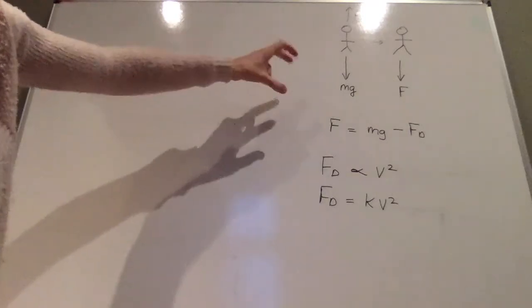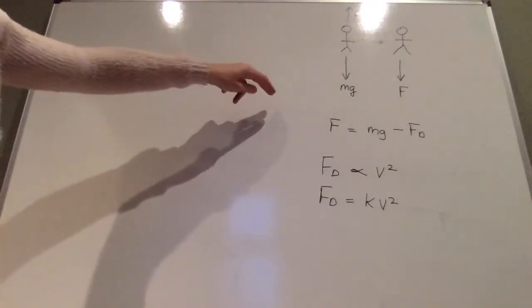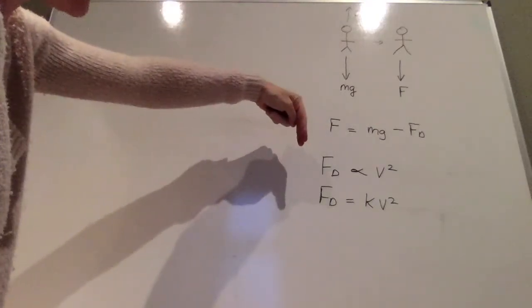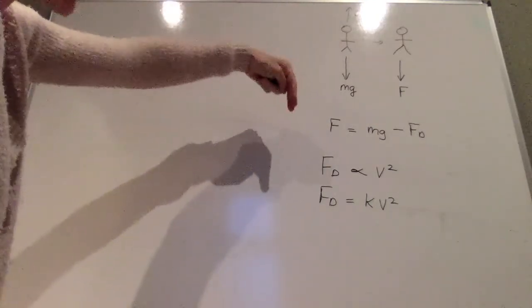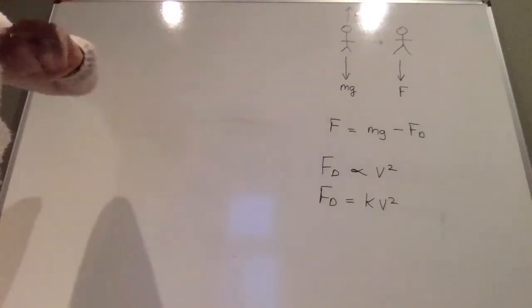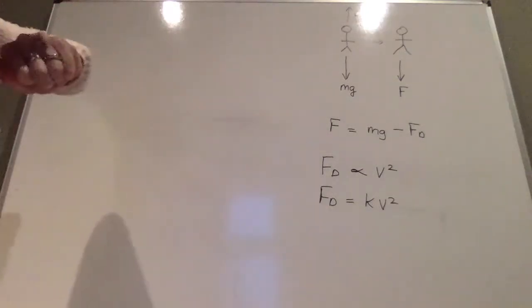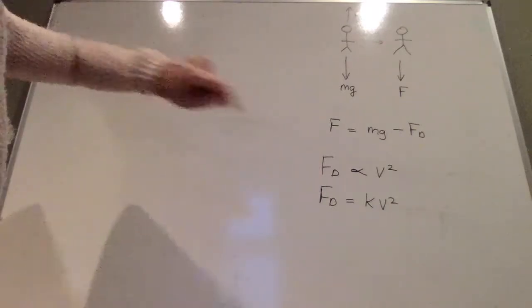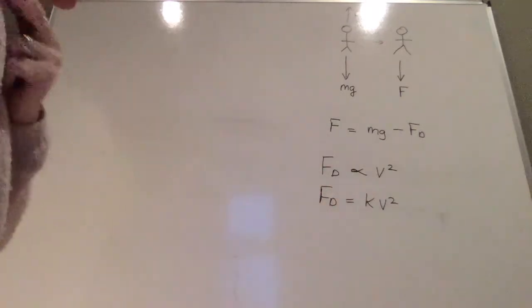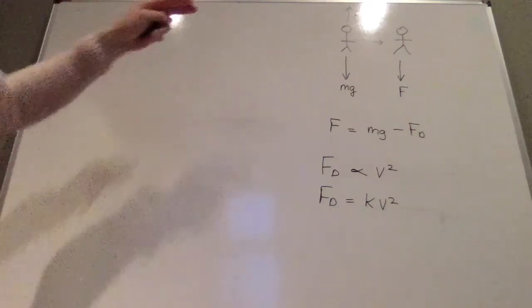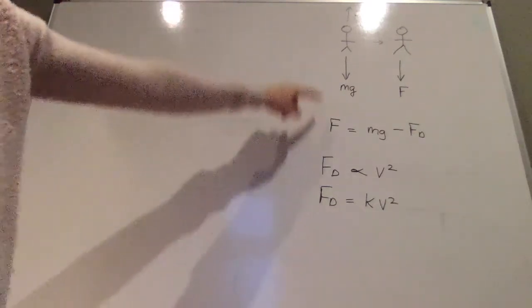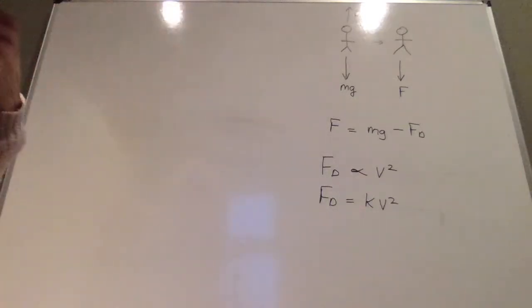So it's the change in velocity divided by the change in time. So its velocity is increasing in a downward direction as it falls. It is getting faster. Now, but the drag force is proportional to the velocity squared. So as its velocity increases, this drag force also increases.